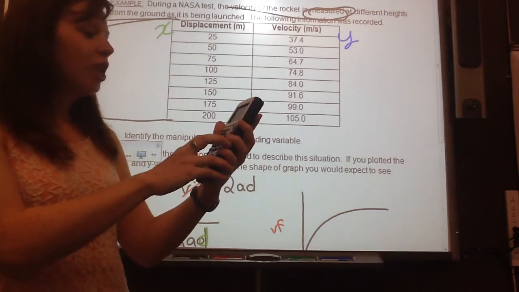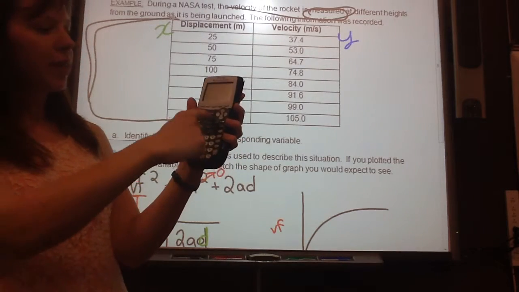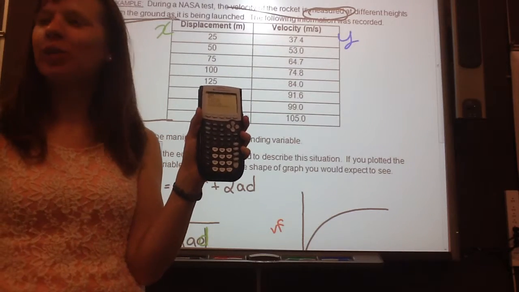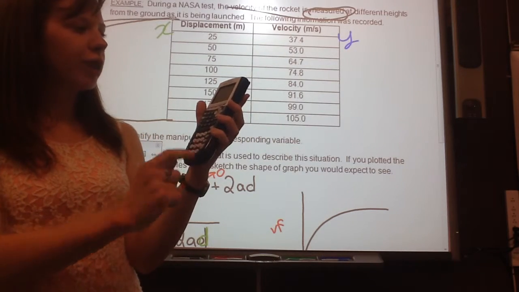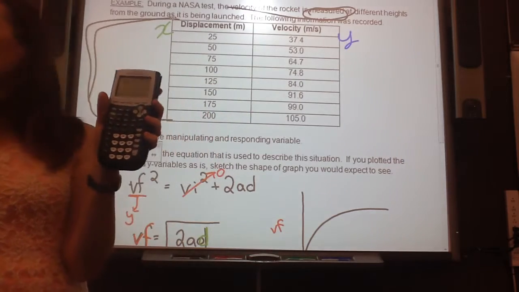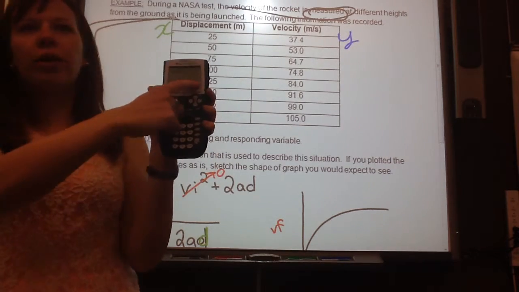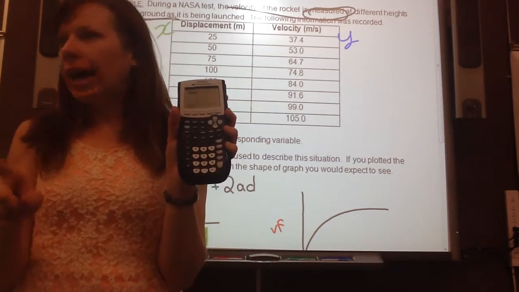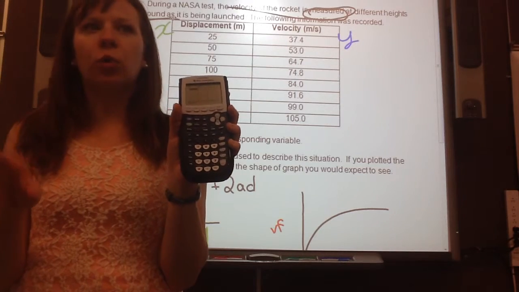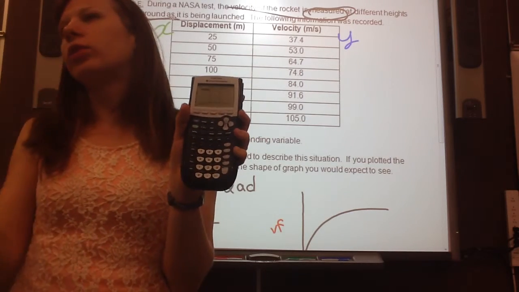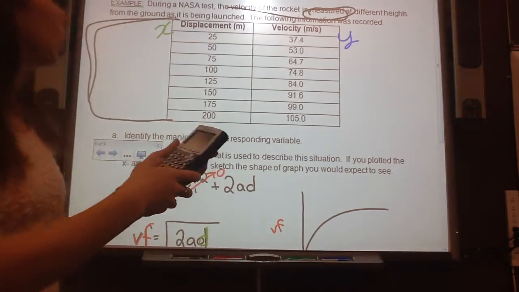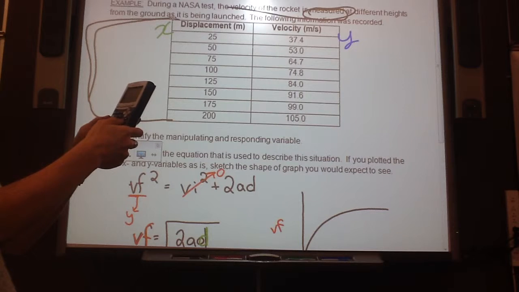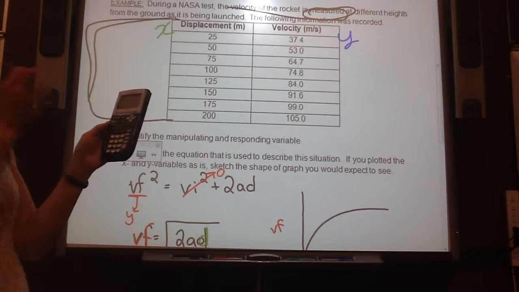So what you can do is hit the stat button. Press enter for edit. You should see it says L1, L2, L3. L1 is default, usually the X, and L2 is default the Y. You can change it if you want to, but it's just easier if you make L1 the X and L2 the Y. So in L1, you can write down square root 25, which you just know, and then arrow down.